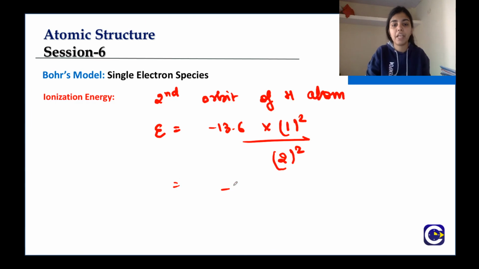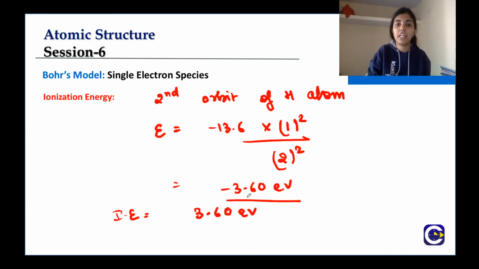So this will come out to be minus 3.60 electron volt, let us say, right? So ionization energy will be equal to 3.60 electron volt. The magnitude remains the same, only the sign you have to change, right? Because ionization energy is what we need to give to the atom to take the electron out of that particular orbit.